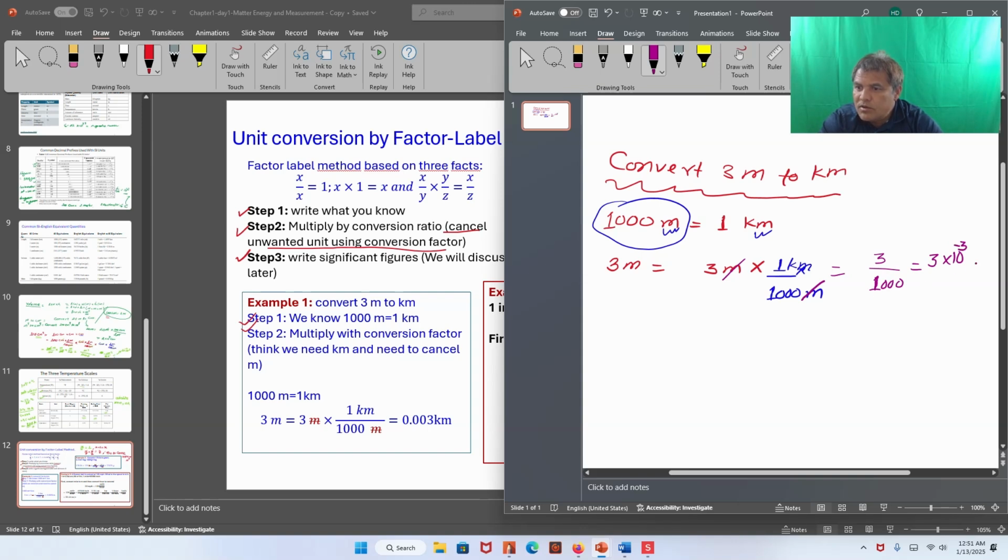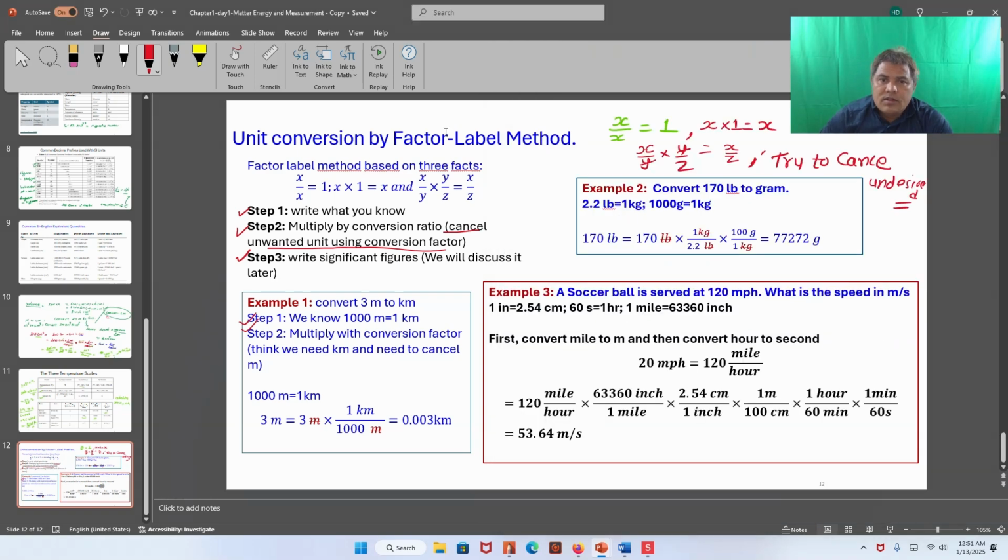Because in the denominator, that's the kilometer. Or you can write this in the decimal value. If you use your calculator, 0.003 kilometer.